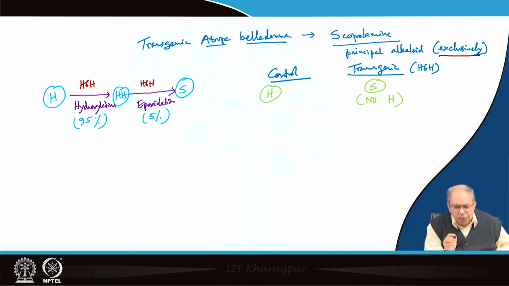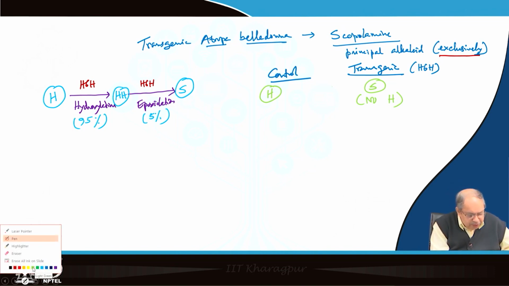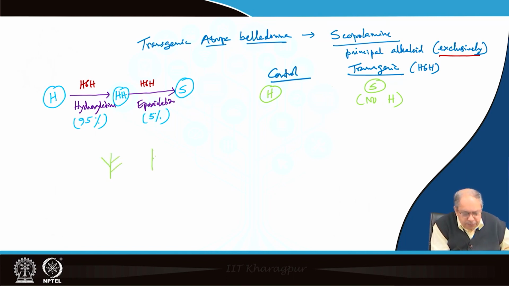To clear the confusion, the scientists raised tobacco plants. One is wild type, another is transgenic. The transgenic one I put in this color.